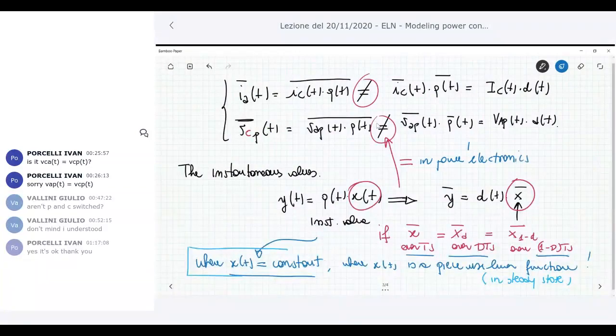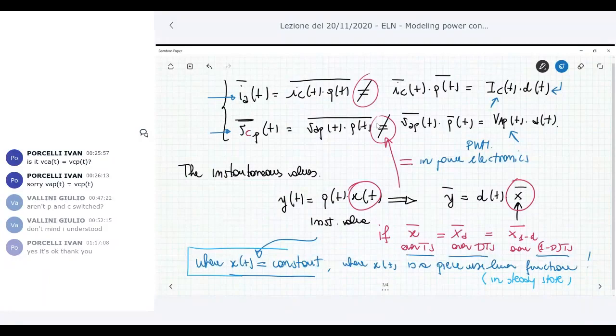Okay, in pulse width modulation power electronics, at the end we can say that the average value of the current at the left side of our switch network is the same as the average value of the current exiting the right port, multiplied by the duty cycle. The average value of VCP, which is the voltage at the right side port, is the product of the average value of the voltage at the left hand side of the circuit multiplied by the duty cycle.